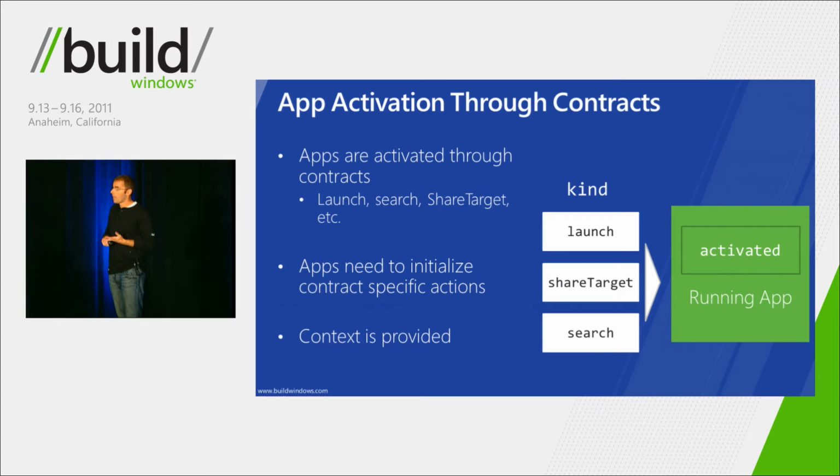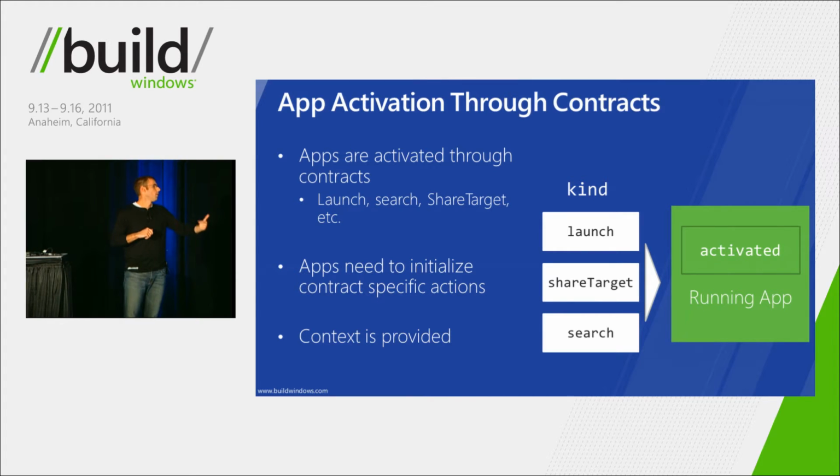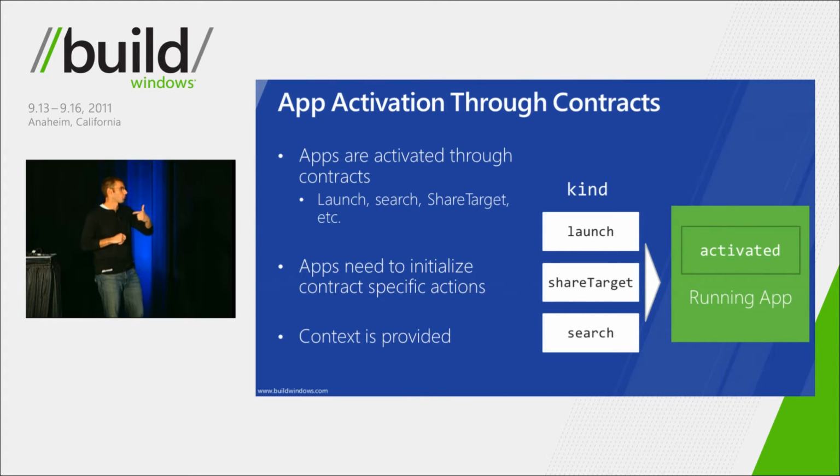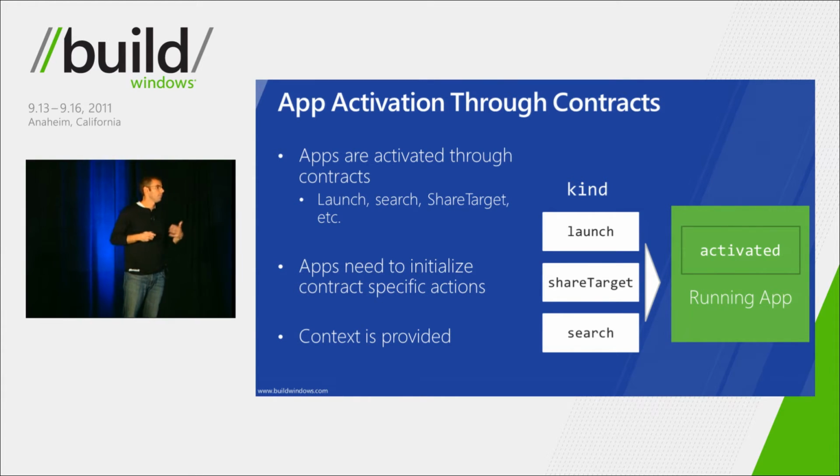In XAML and C++, there's a different model for activation. I believe in XAML, there's a specific function that gets called back for the various contracts, like an onSearched function, an onLaunched function, or an onShare. So it's slightly different from language to language, but the concept is the same, and we call that activation.